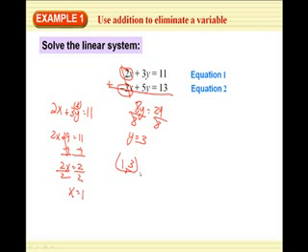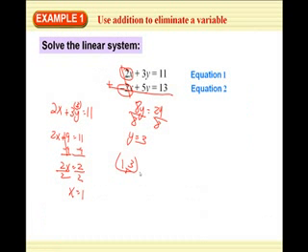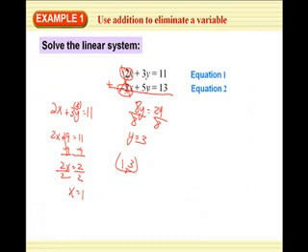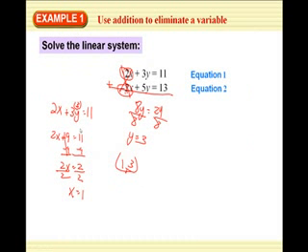We'll keep doing these. So let me show you what we did. Add or subtract the equations to eliminate the variable. So right here we added because a positive and a negative canceled each other out. Okay? And then solve the resulting equation for the other variable. So we added and we solved what was left for y. And then substitute in either of the original ones. So we picked one of them and we put in what we got.